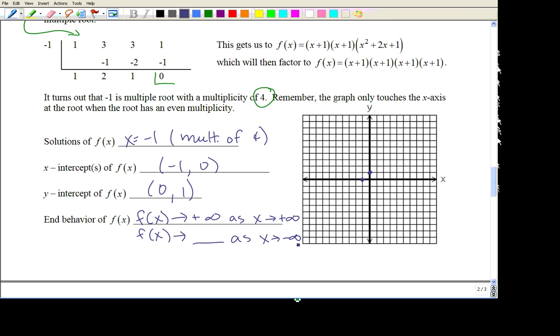As x is getting really small, what is the left side doing? My degree was 4, we had x to the 4th, so the left side will do the same thing as the right side. Here it will also approach positive infinity. So there's my right side, and here's my left side. Notice that it does not cross the x-axis, it just bounces right back off of it, and there's our graph.